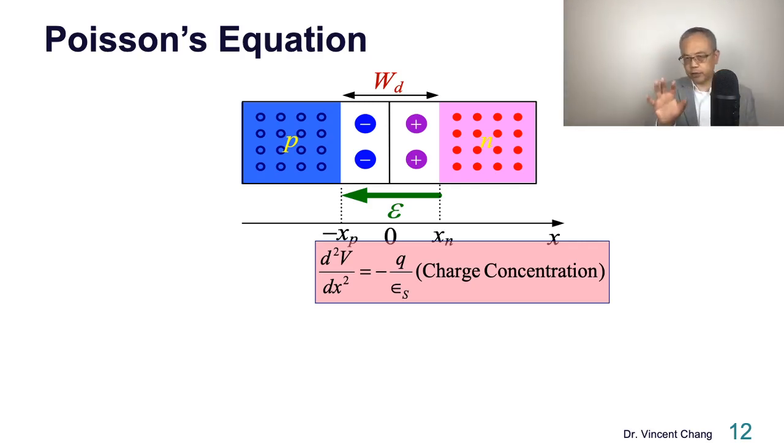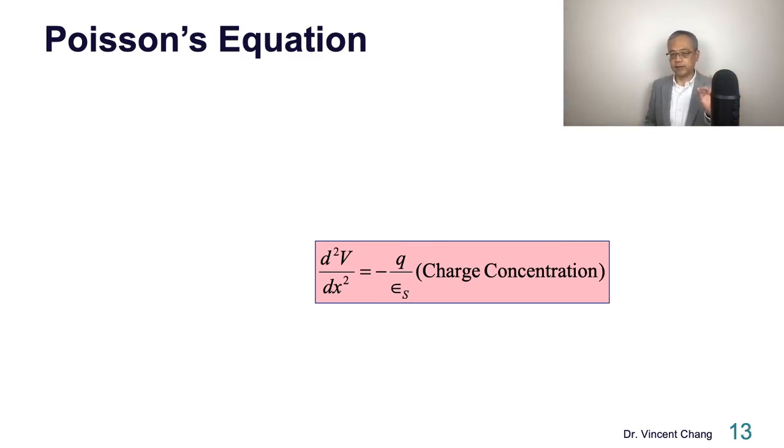Poisson's equation tells us d squared V over dx squared, the second derivative of the electrostatic potential, equals negative q, the fundamental electronic charge, divided by epsilon s, the permittivity of the semiconductor, times the charge concentration. So this is the Poisson's equation, right?